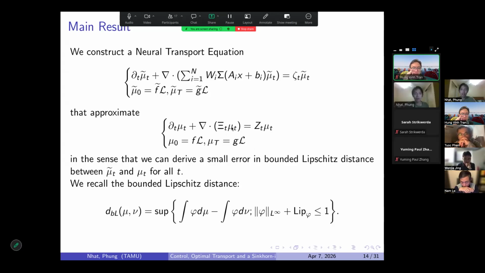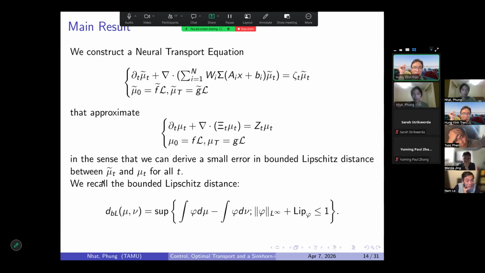Of course, we also need to construct this explicitly, because as I mentioned, the vector field in the exact equation is actually not unique. So we will use Monge-Ampère to construct this vector field as well. And we use another Monge-Ampère to construct the vector field, and so they will approximate each other using the stability result of Monge-Ampère.